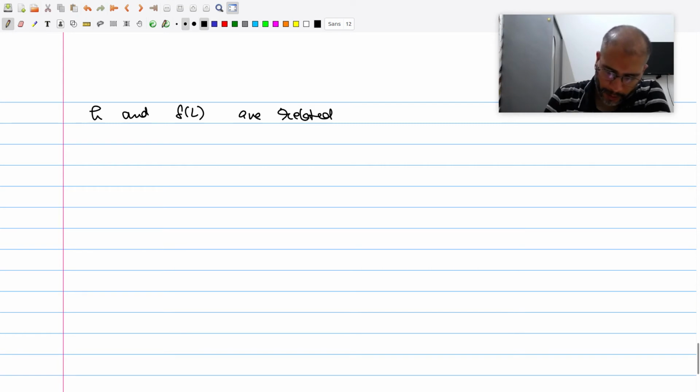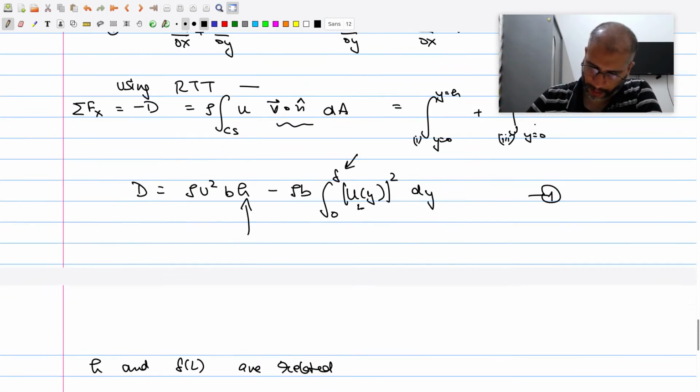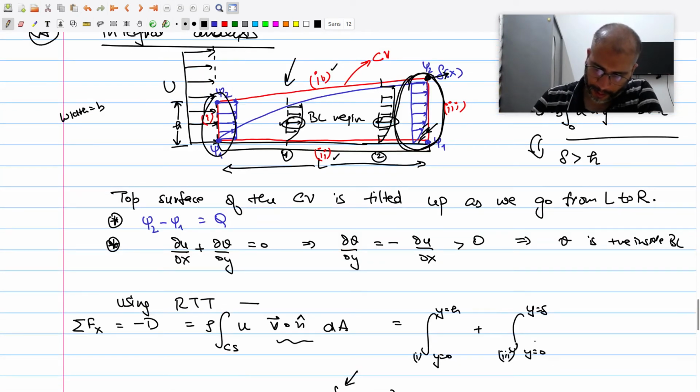So we can use volume conservation. So what that means is, let's go up a bit. So the volume flow rate in this part is equal to the volume flow rate in this part. Okay.